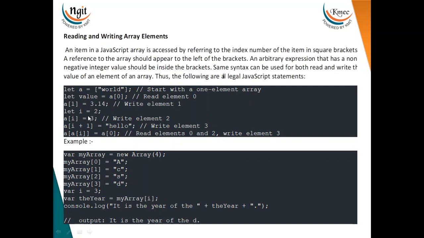Here I am declaring i equals 2, and a[i], that is the third element, as it starts with 0, 1, and now it is 2. The third element will be 3, and here a[i+1], that is the fourth element, is "hello". Okay, and it will display these four elements of the array.